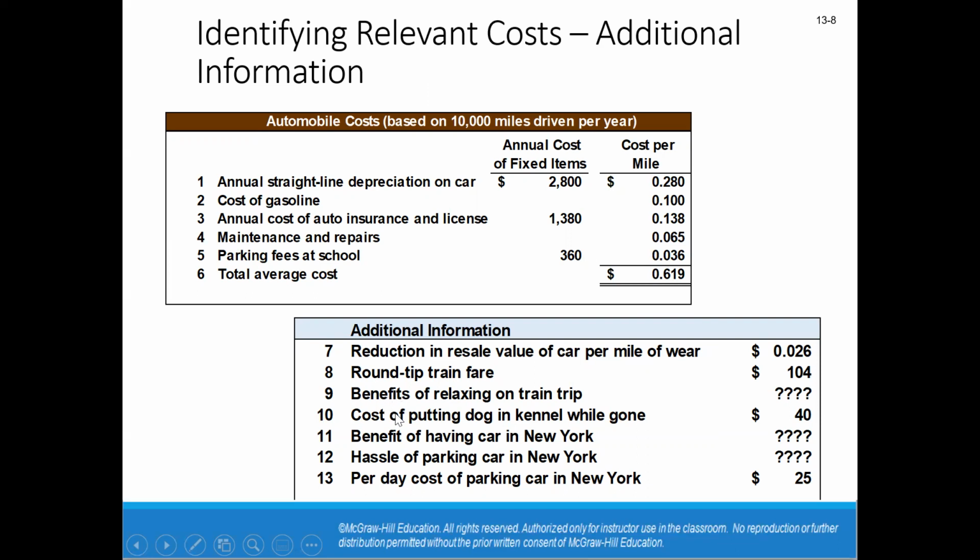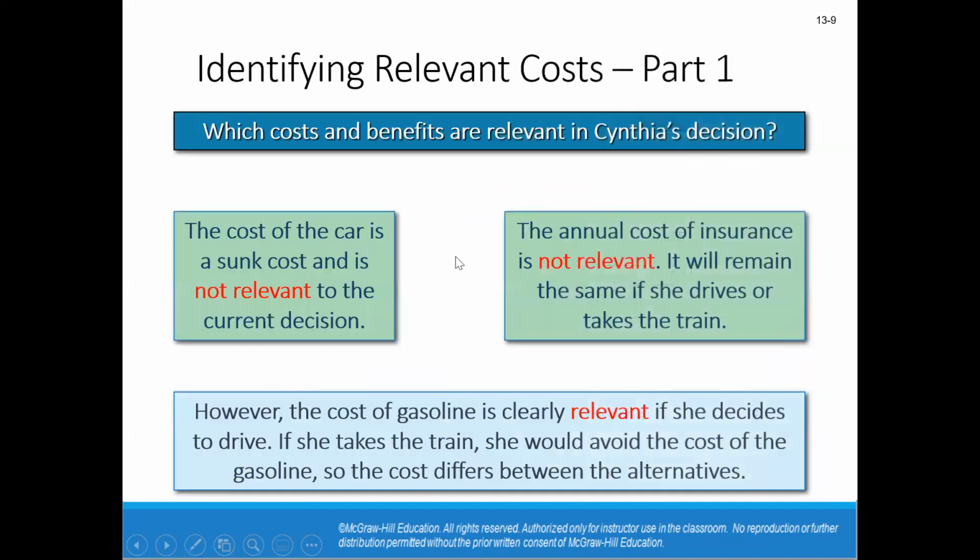Okay, we've got the cost of putting the dog in a kennel while gone. Benefits of having a car in New York, are there any? To me, that looks like a detriment. Hassle of parking a car in New York, per day cost of parking a car in New York. So we've got all this information. We need to pick apart what's relevant and what's not. Which costs and benefits are relevant in Cynthia's decision making?